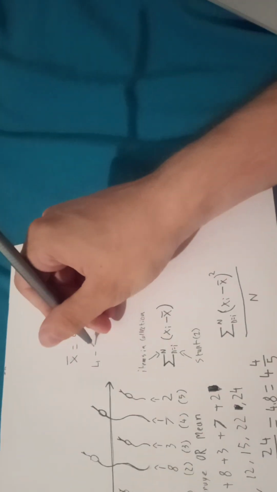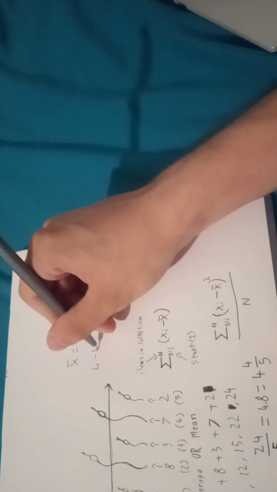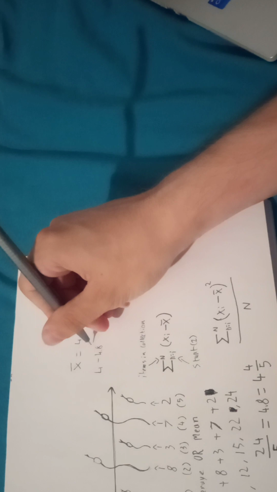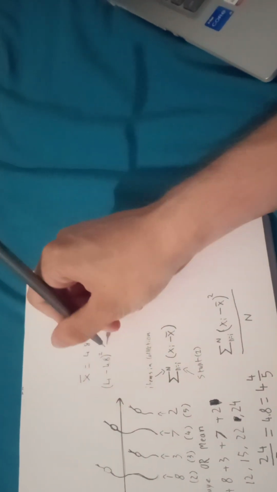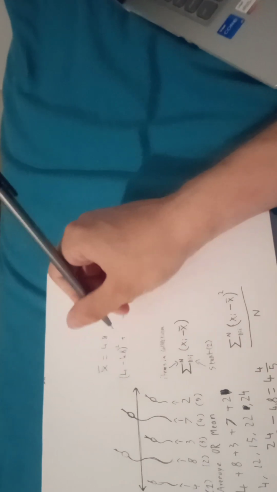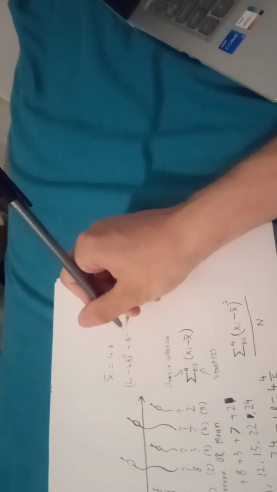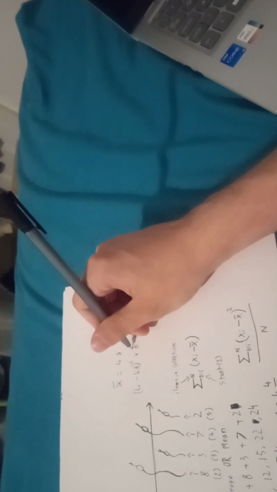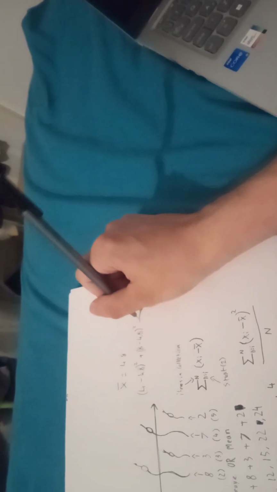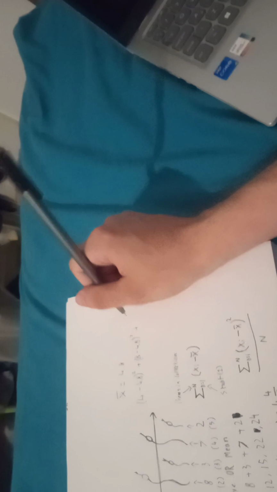And what you get when you do this is 4 minus 4.8, squared, plus 8 minus 4.8 squared, plus, what's the next one?